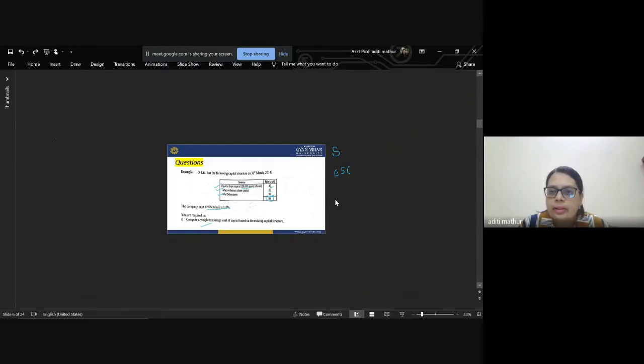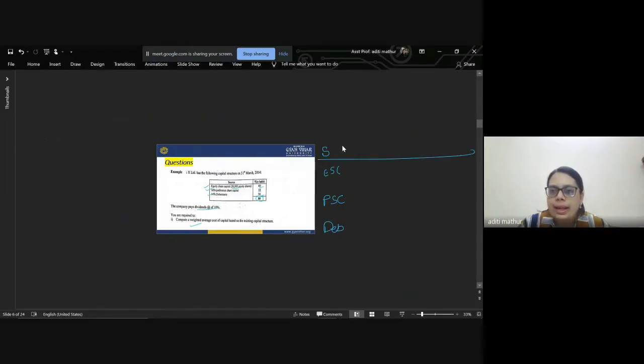Then we have preference share capital, and then we have debentures. After that, we will write down the overall amounts, that is 40 lakh, 10 lakh, 30 lakh. Overall, it is 80 lakh.